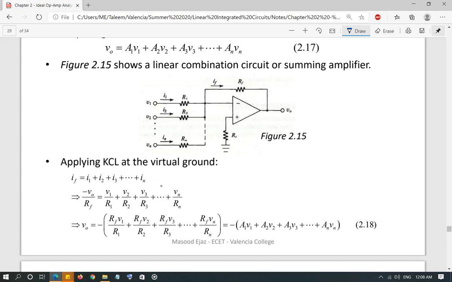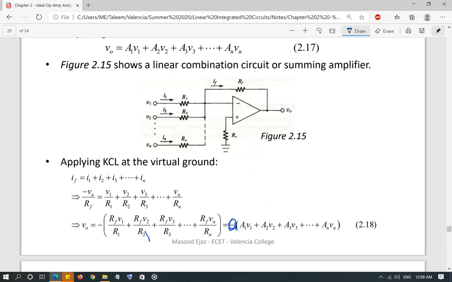This is going to be your equation, and from that equation you can calculate V out, which will be negative RF over R1 times V1, plus RF over R2 times V2, and so on and so forth. So RF over R1, RF over R2, RF over R3 will be A1, A2, A3, and since it is an inverting amplifier, you have a negative sign here, right?